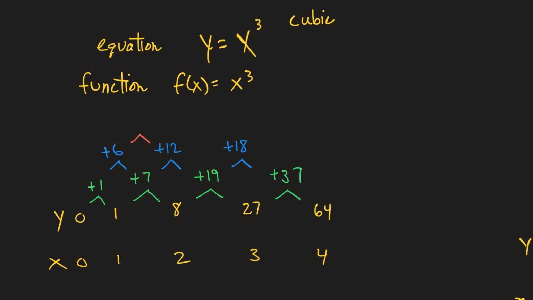This goes up by 6 and this goes up by 6. See? So the fact that we had to do this, did I use all my colors? I did. See, here's the difference. And then the difference between the difference in the third level, it's going to be 6 and 6 and 6 and 6 and 6. The fact that I have to do this 1, 2, 3 times makes it a cubic.